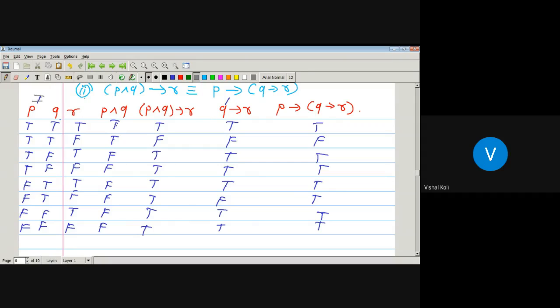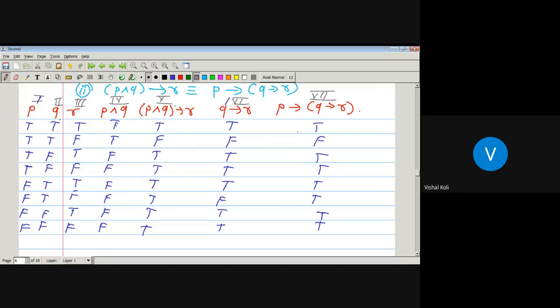This is column first, this one column second, column third, column 4, column 5, column 6, and column 7. By observing the truth table, column 5 and column 7 are equal.